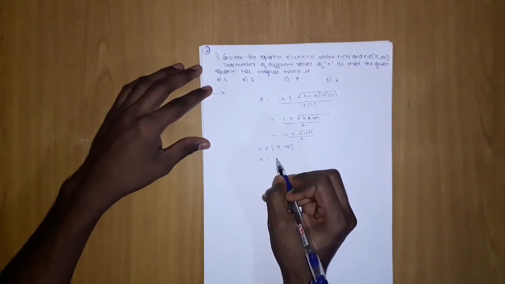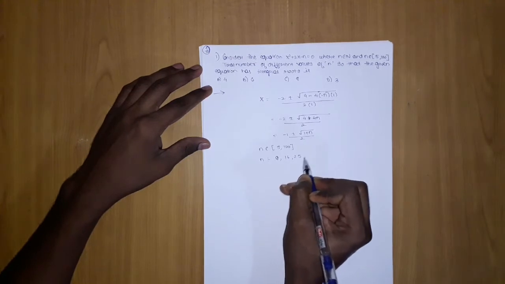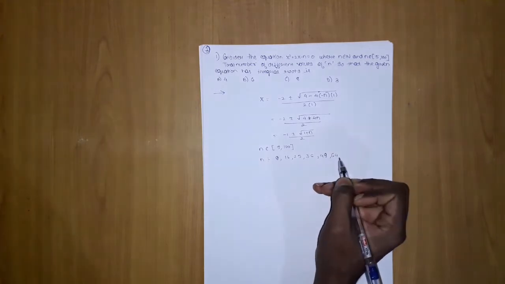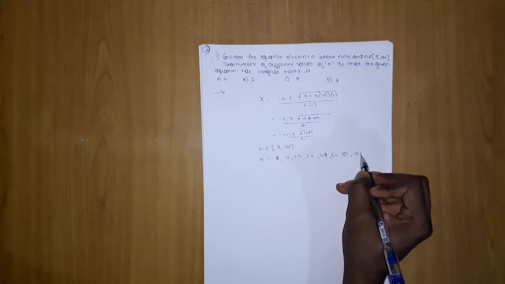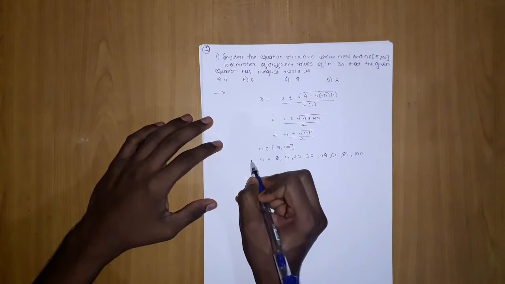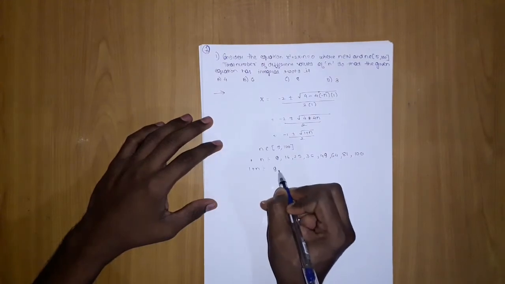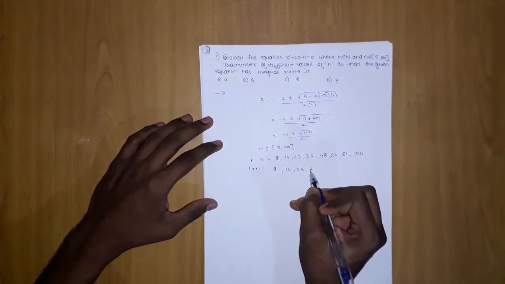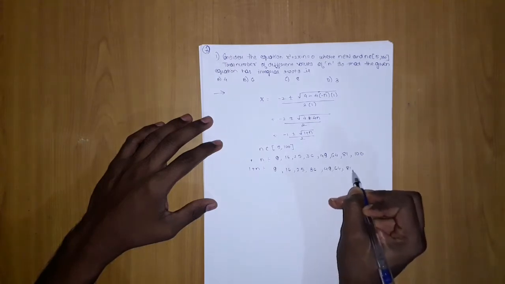They are as follows: first 9, 16, 25, 36, 49, 64, 81 and 100. But for 1 plus n, it will be 16, 25, 36, 49, 64, 81, 100.